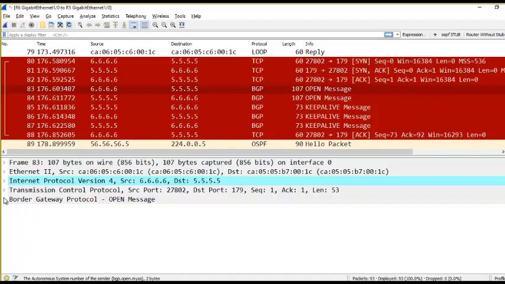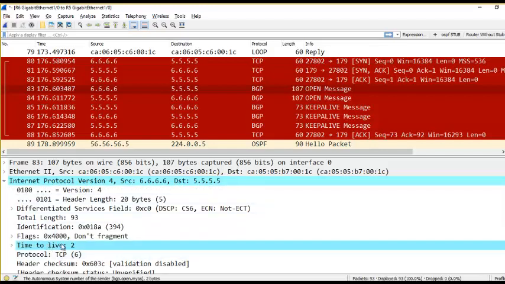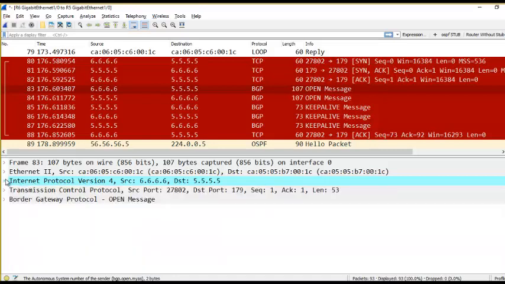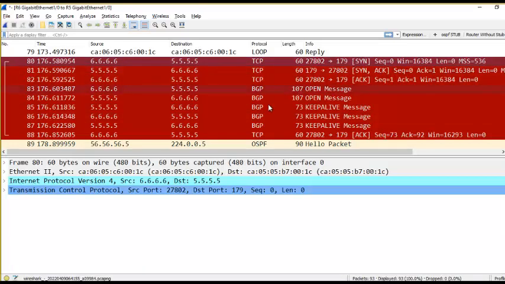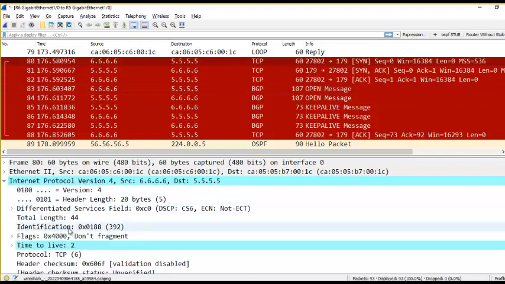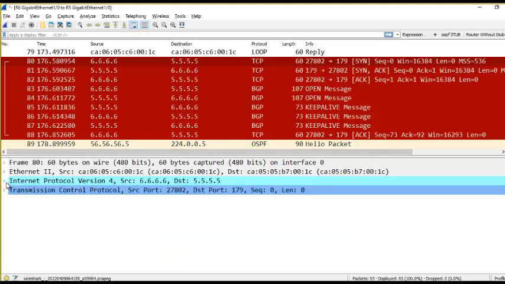You can see in the IP protocol at layer 3 that TTL is 2. Even every packet will show the same information. TTL is 2. All TCP. Any communication on behalf of BGP will have a TTL of 2.